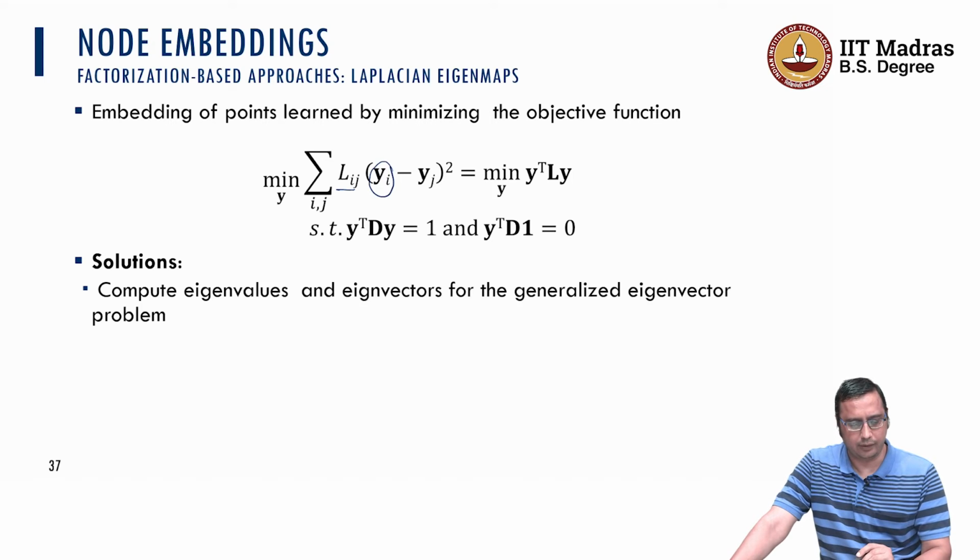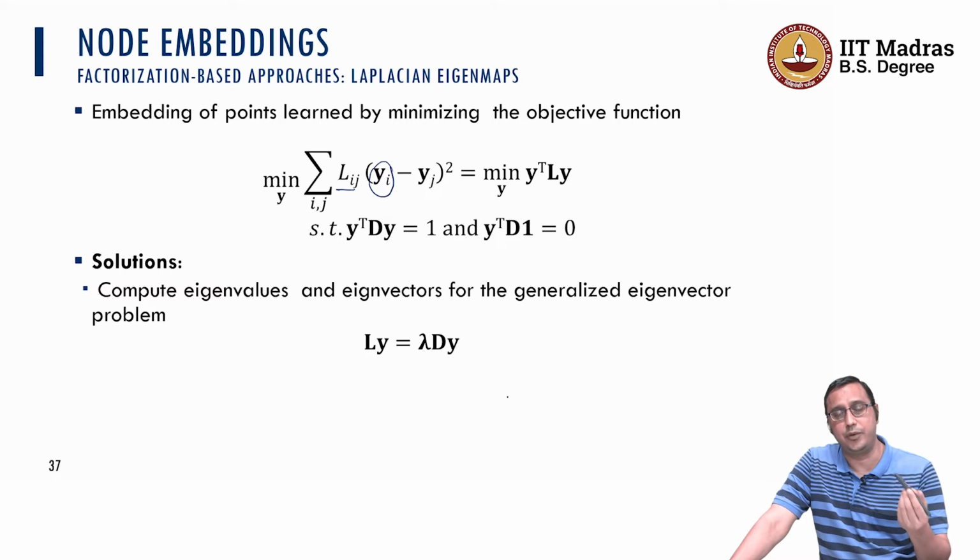The solution here is to compute the eigenvalues and eigenvectors for the generalized eigenvector problem Ly equals lambda Dy. Recall, if D is equal to I, then it becomes a standard eigenvector problem, finding the eigenvectors for the Laplacian matrix L, which is constructed using the previous epsilon neighborhood approach.